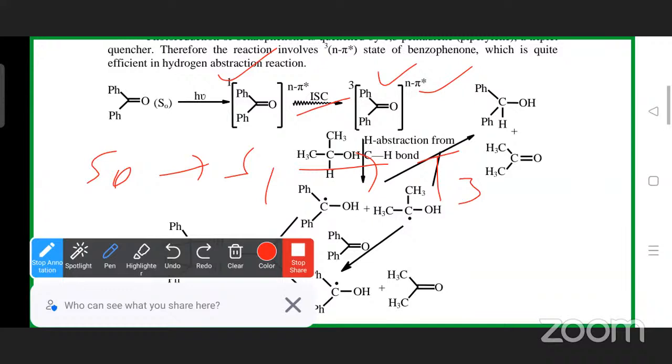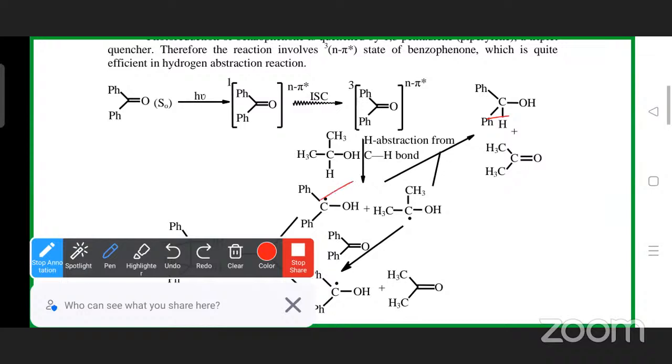Now at this stage, in the triplet state, the abstraction of a proton takes place from the isopropyl alcohol here. You see, the abstraction of this proton takes place, and it combines with this particular benzophenone here. So here you see.